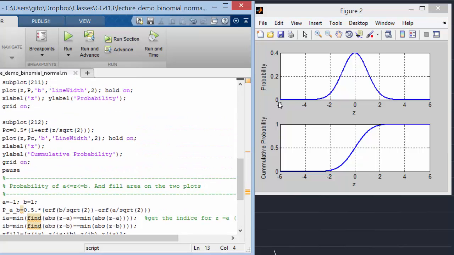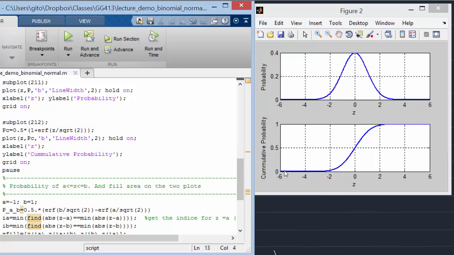Again, the probability density function is centered on z equals 0, or x is equal to the mean, and the width of the Gaussian is described by the variance, the standard deviation, sigma. And in normalized z units, the standard deviation is 1.